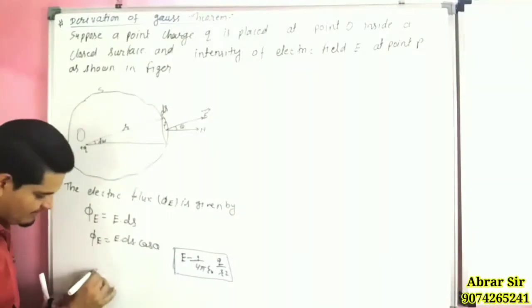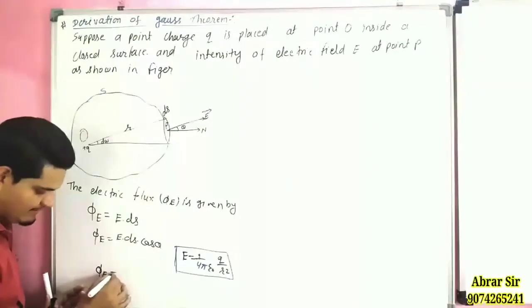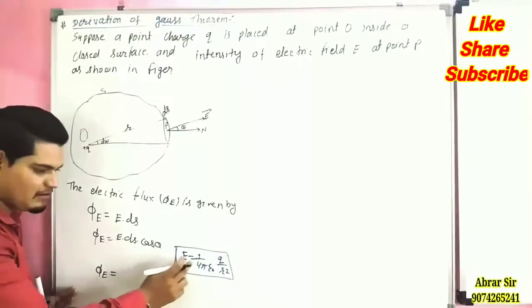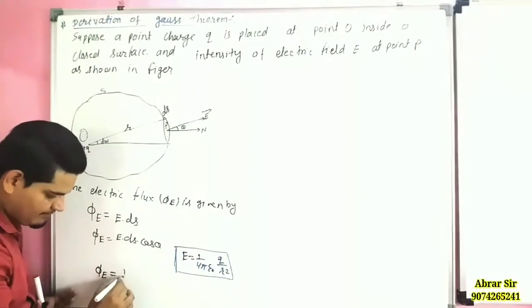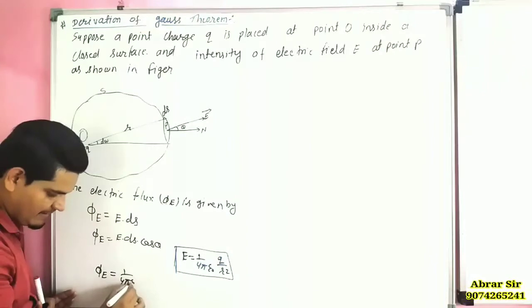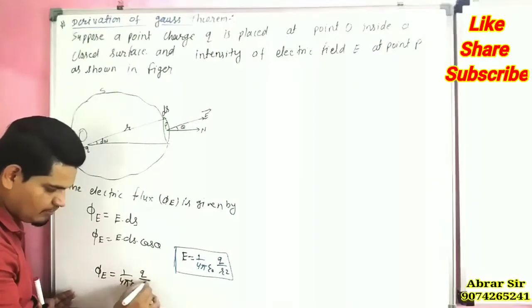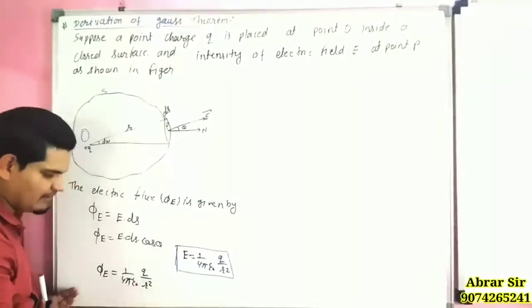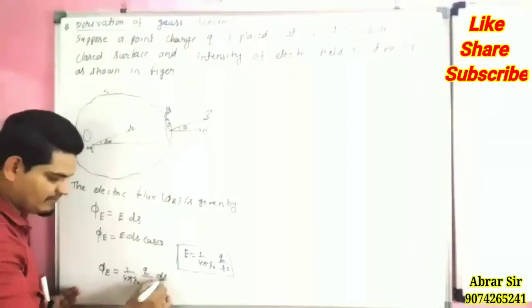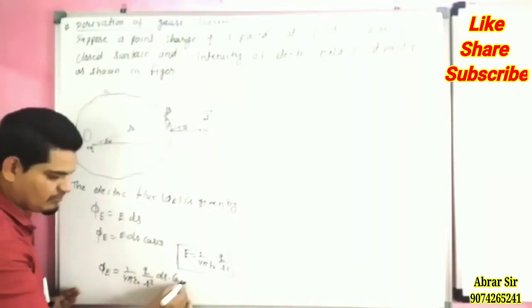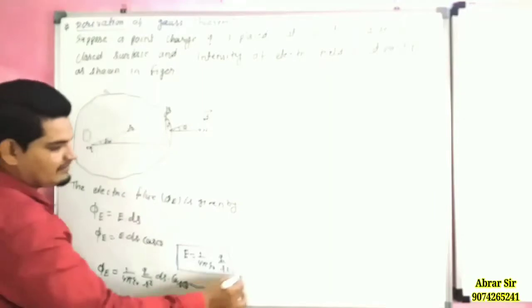So phi E is equal to E, and what is the value of E? 1 upon 4 pi epsilon naught Q upon R square, and this is ds and this is cos theta. Now we can separate.